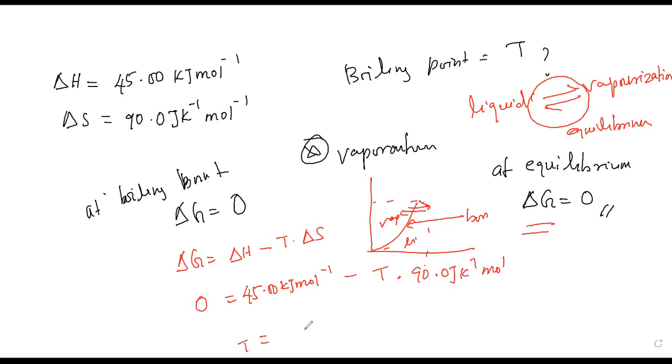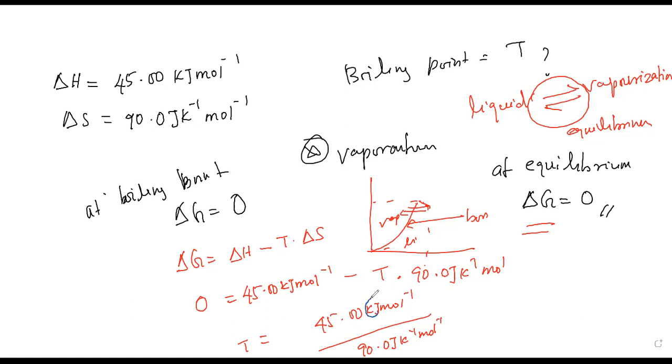The temperature, which is your boiling point, is equal to 45.0 kilojoule mole minus 1, it should be divided by 90.0. Am I correct? Is it correct? Did I miss anything? You have to find it. Did I miss anything? Have you seen?